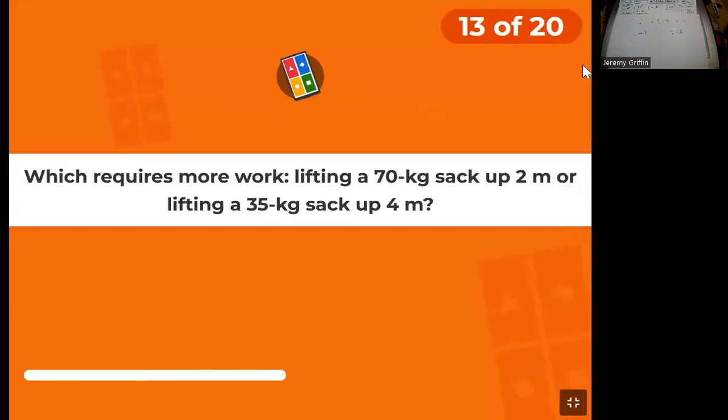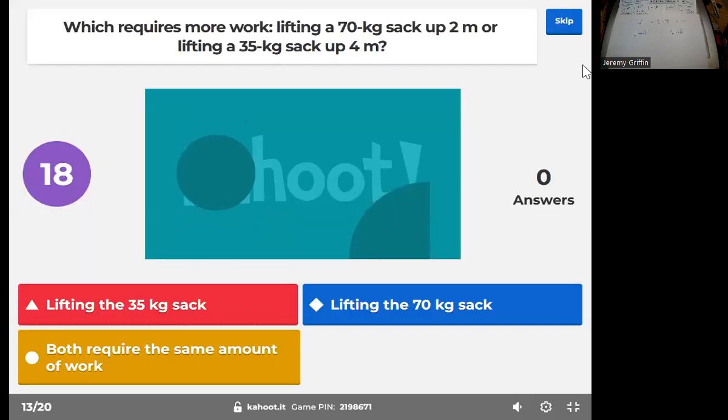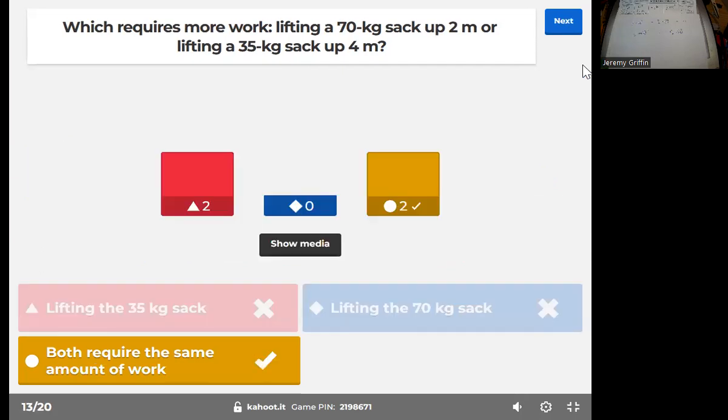Which requires more work, lifting 70 kilograms up 2 meters or half that mass up twice the distance? All right, so this is going to be the same, right?